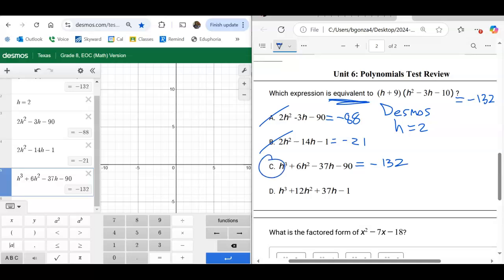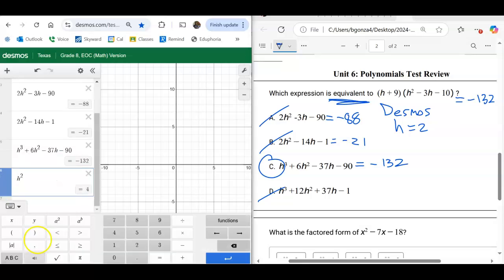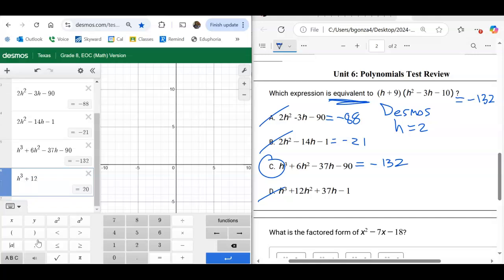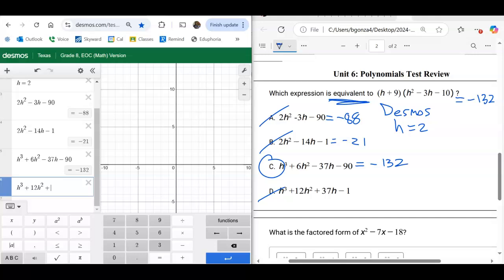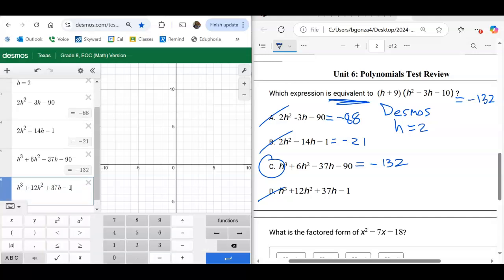And that's it. Right, then we'll just do the last one just to check it. That is not it.